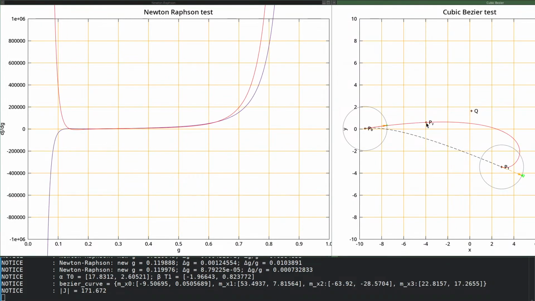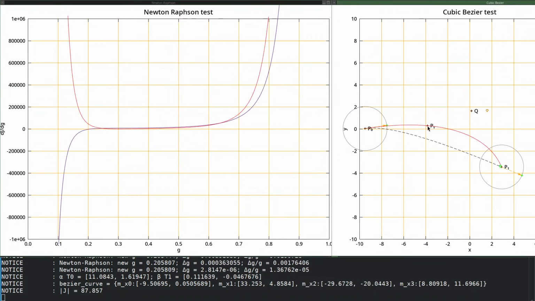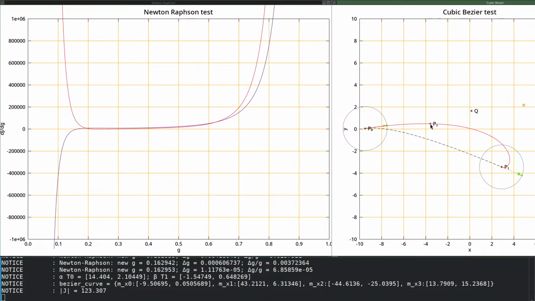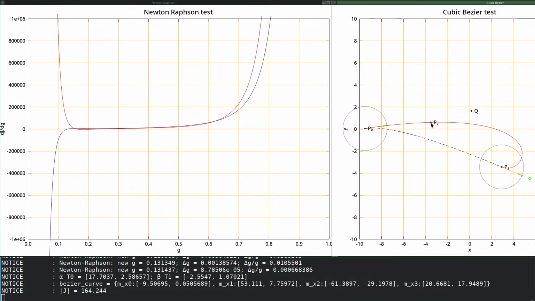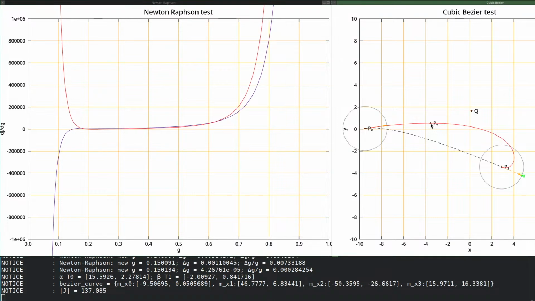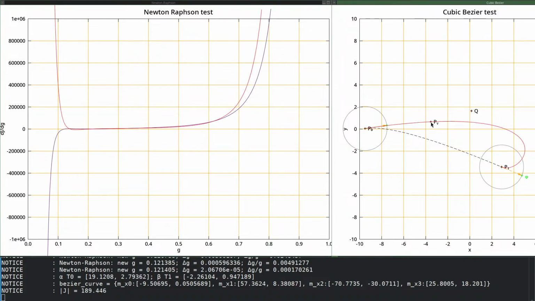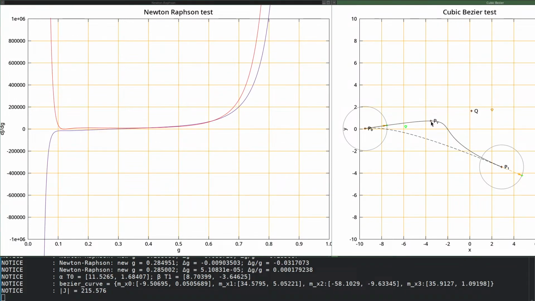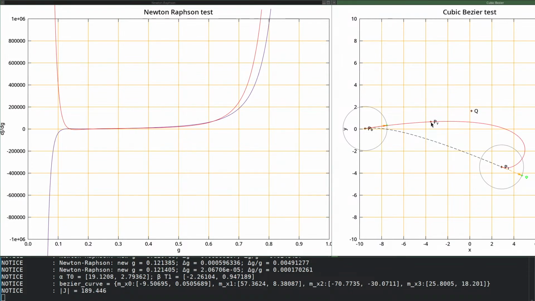Oh, it's not discontinuous. Why not draw something like this when it draws this?